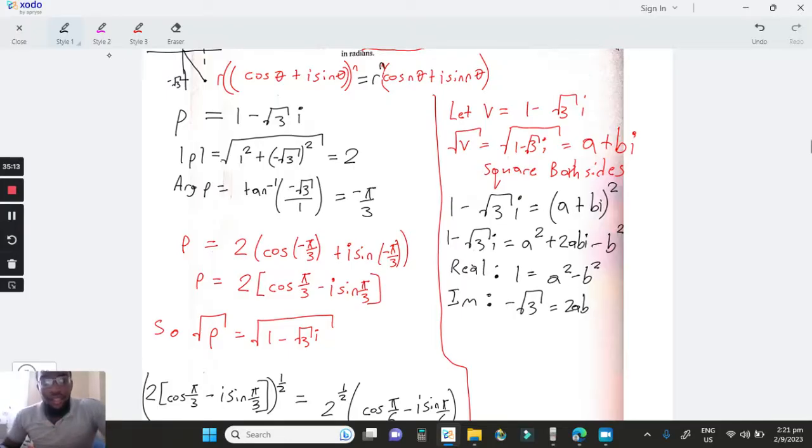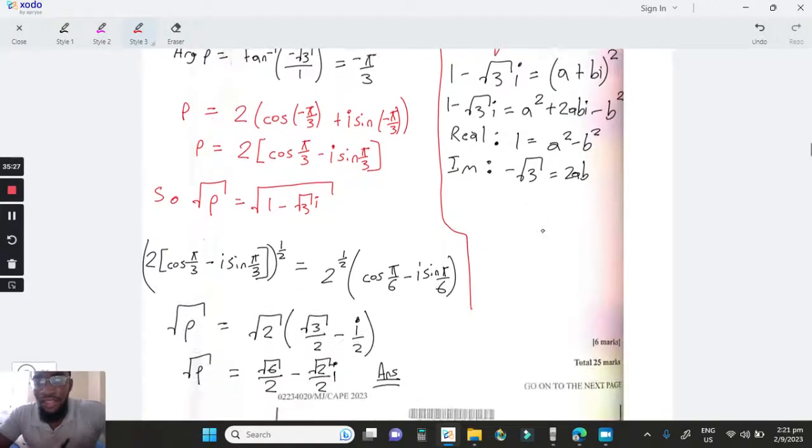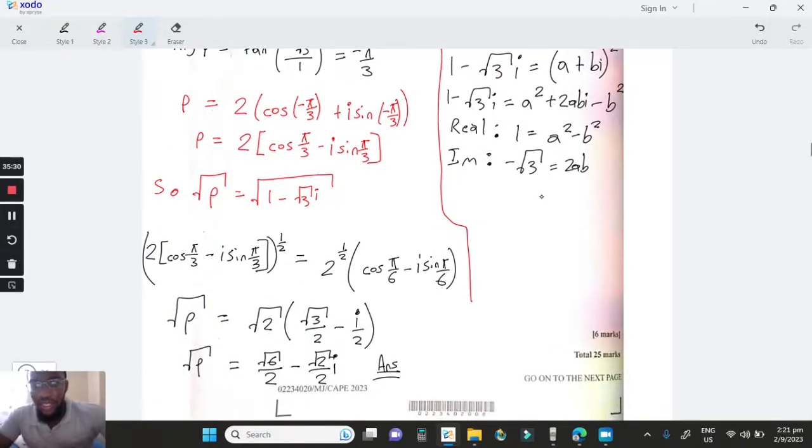This is not correct. I mean, it's correct, but it's not correct for the question because the question said using De Moivre's theorem. Guys, follow instructions. Follow instructions. Use De Moivre's theorem. All right. I'm just showing you could do this to get your answer, but it's not correct.